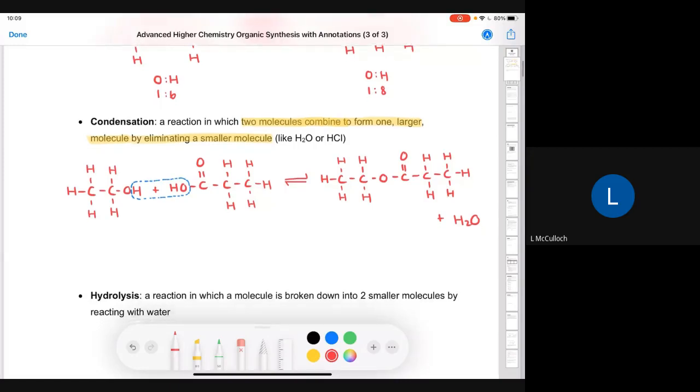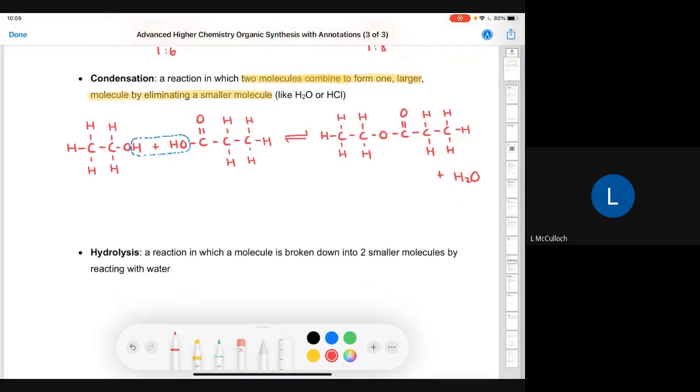All right, so then looking at the opposite reaction to a condensation, which is a hydrolysis reaction. That's a reaction in which a molecule is broken down into 2 smaller molecules by reacting with water.